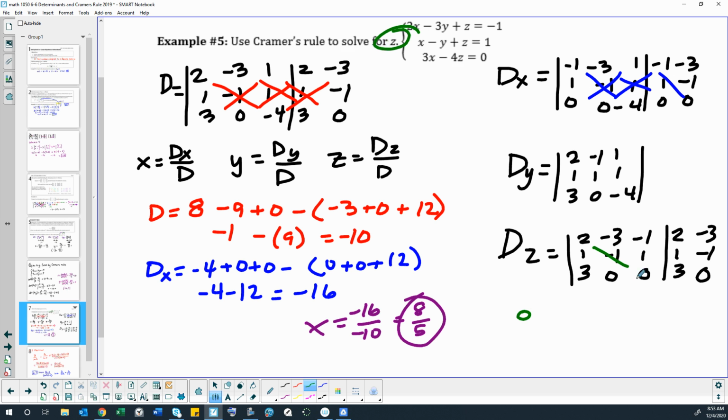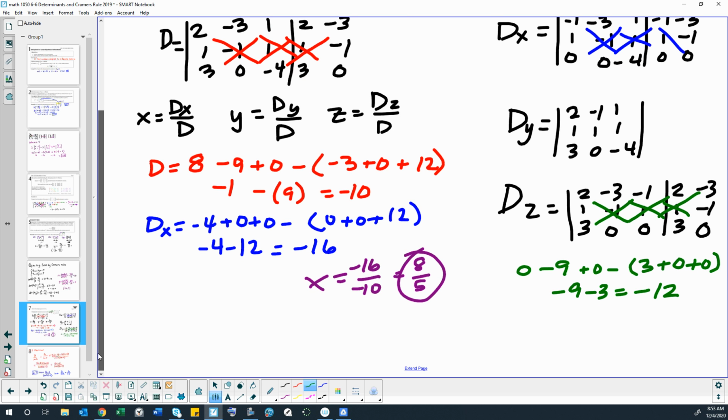Okay, so 0, -9, 0, and 3, 0, 0. So that's -9 minus 3, which is -12.